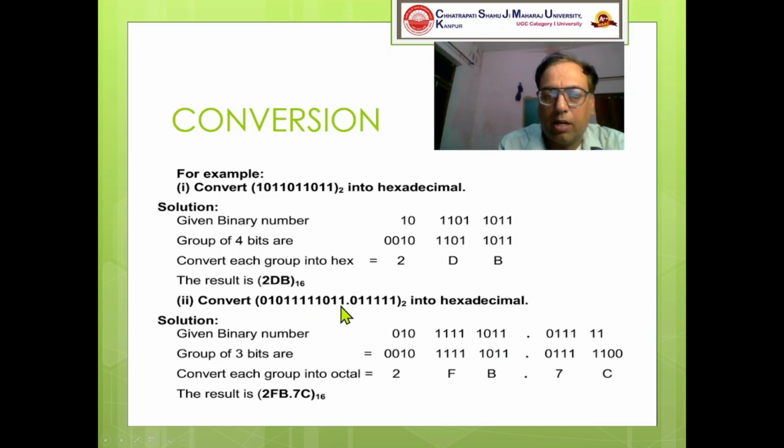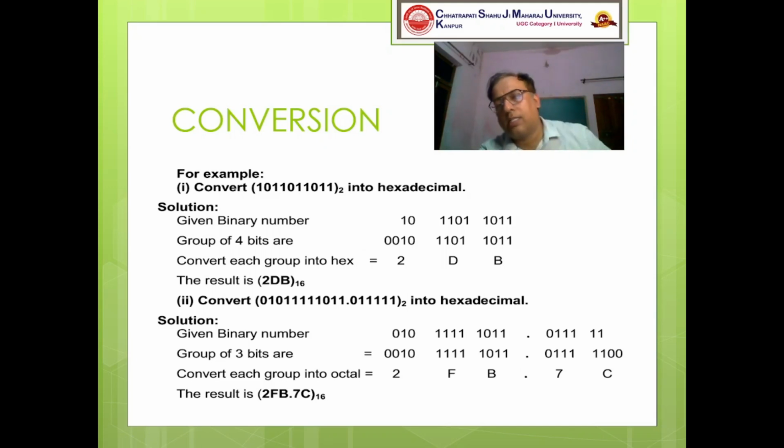Take 4 digits, then the next 4 digits, 4 ones. Then we are left with 010. In this case, take a default 0 over here. After the decimal point, again take combinations of 4 bits, 0111. Then we are left with the 2 bits, 11. So in this case, you can add 2 more 0s as a default part.